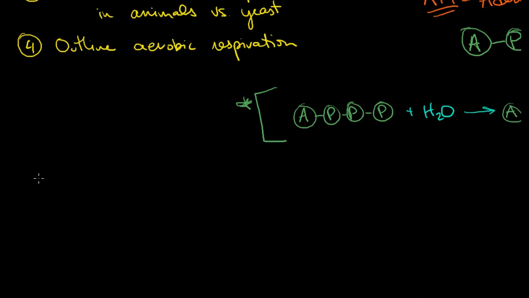So you should know, I'll use a different color to make it a little more distinct, the standard formula for cellular respiration, which is C6H12O6 plus O2 gives us CO2 plus water plus lots and lots of ATP.